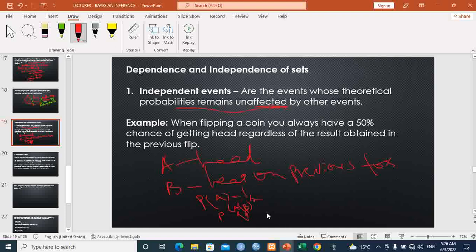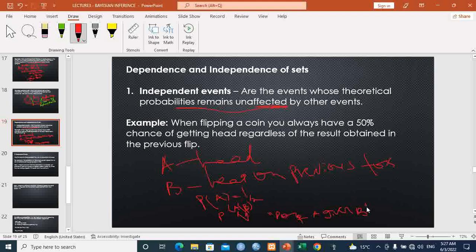Here we're saying P of A given B. What we are saying is, what is the probability of getting a head if we know that on the previous flip we got a head?